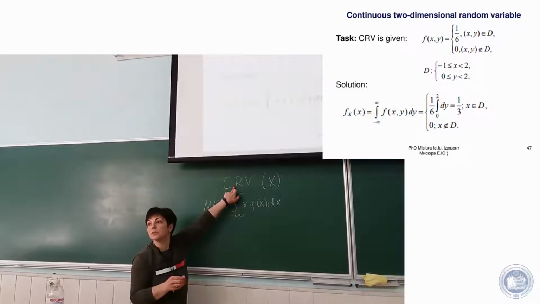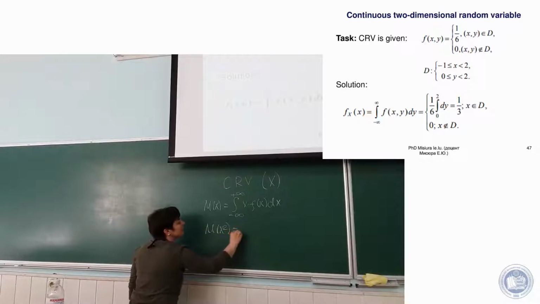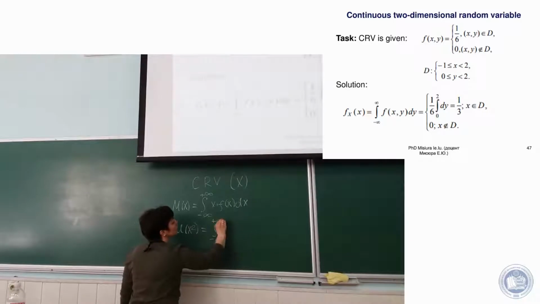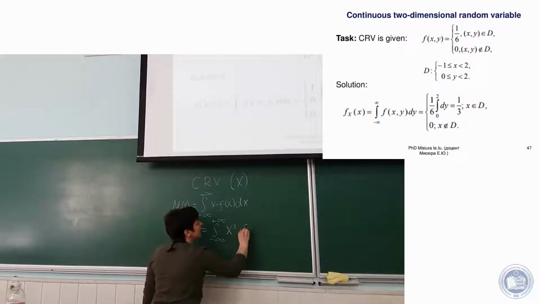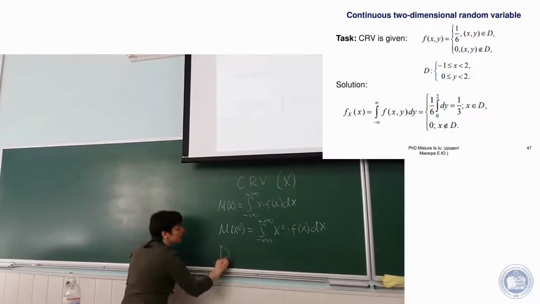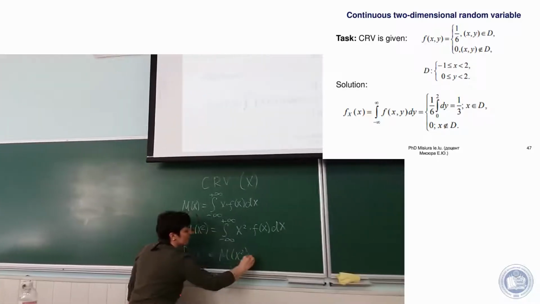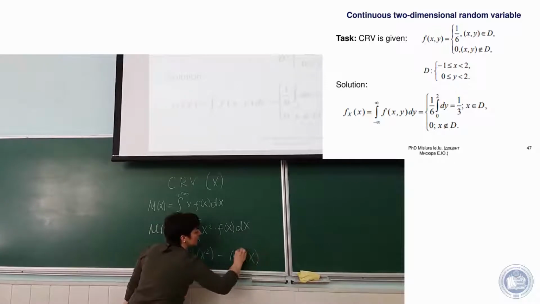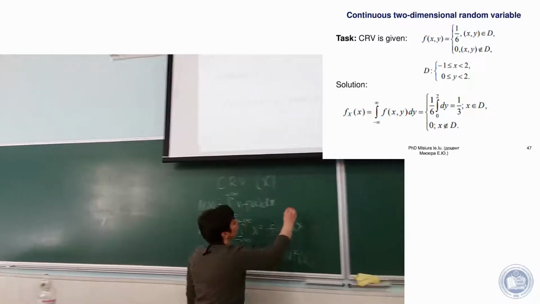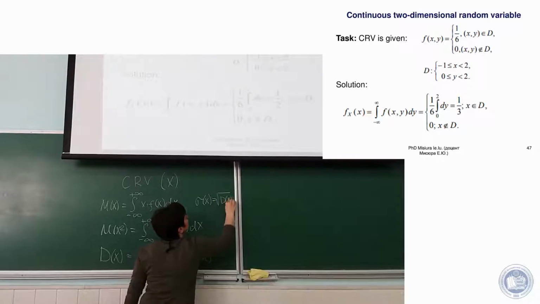In order to find m of x squared, it will be the integral from negative infinity to positive infinity of x squared times f of x. In order to find d of x, we need to use m of x squared minus m of x all squared. And in order to find sigma of x, you need to find the root of d of x.